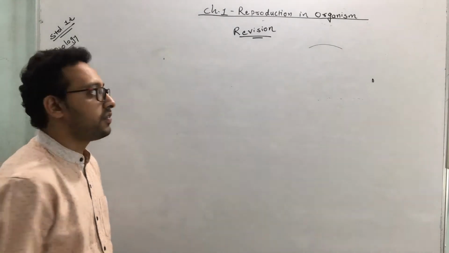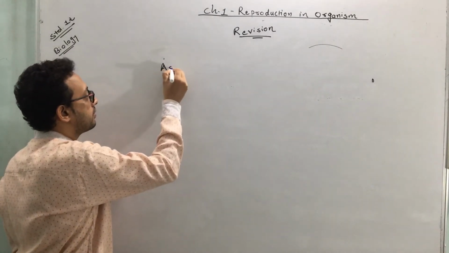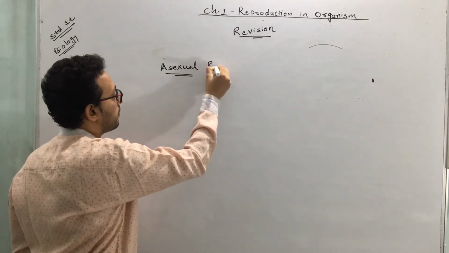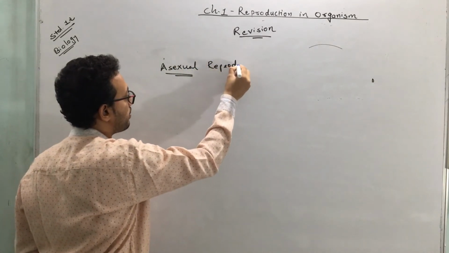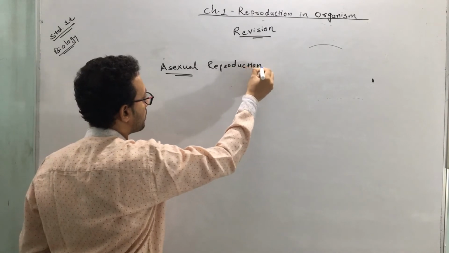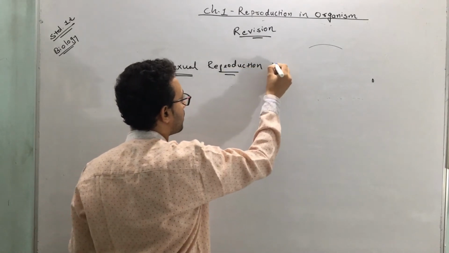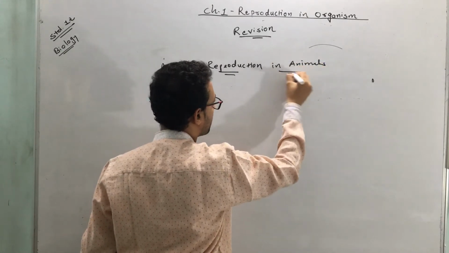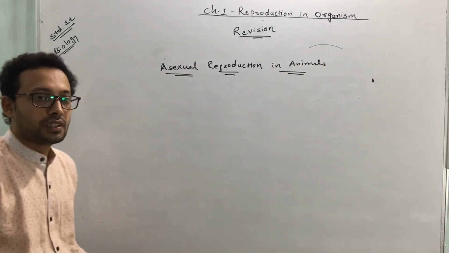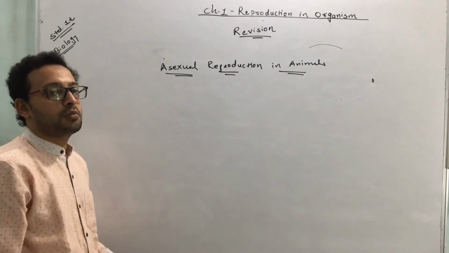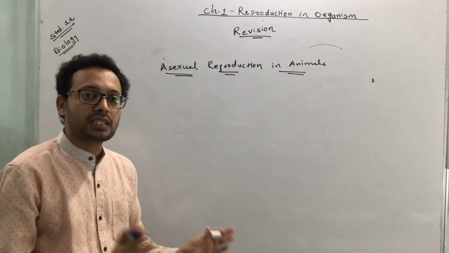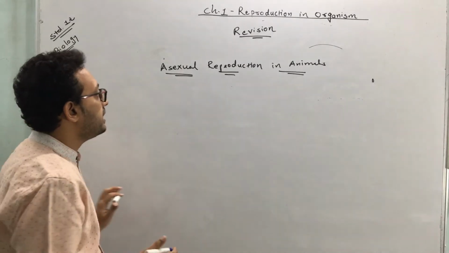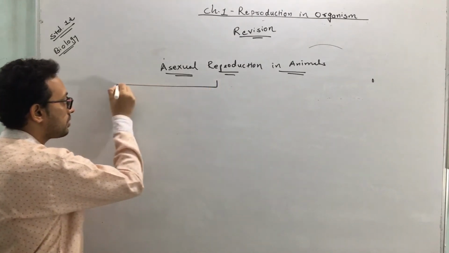First we will discuss asexual reproduction in animals. You know that the asexual mode of reproduction can occur in both plants as well as animals. We will discuss one by one. First, asexual reproduction in animals.